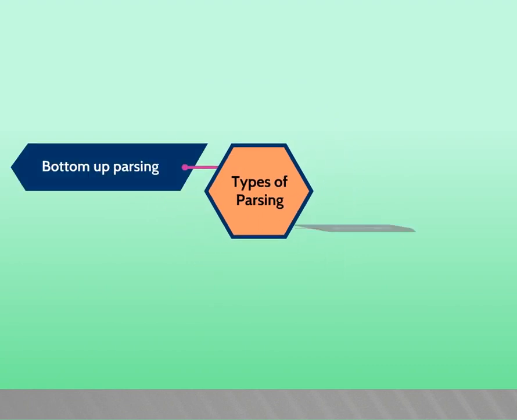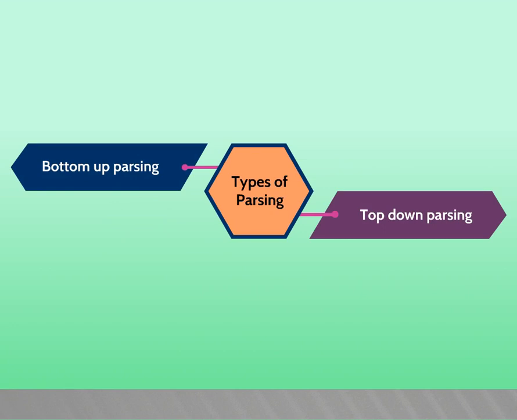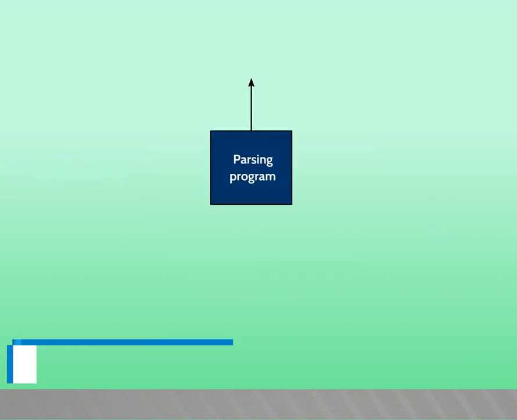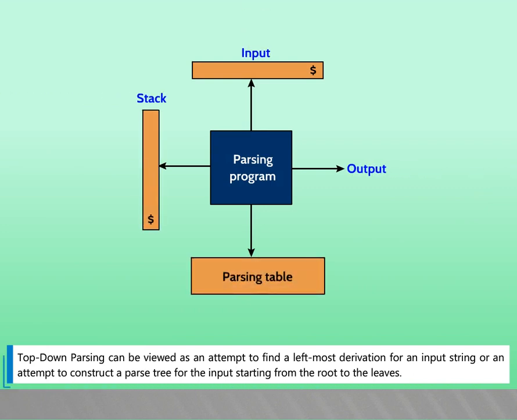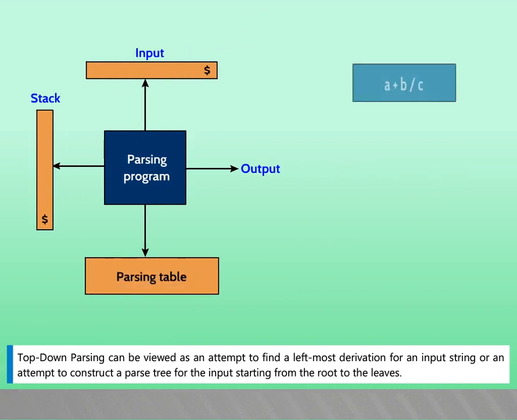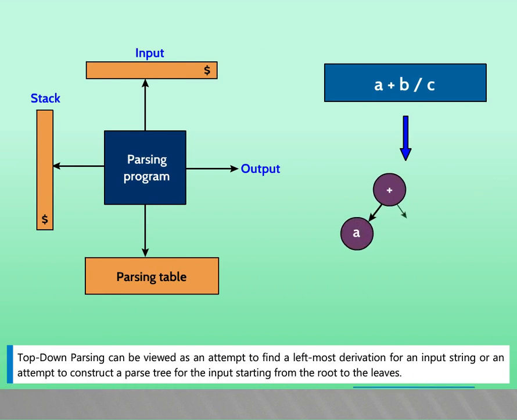Bottom-up parsing, top-down parsing. Top-down parsing can be viewed as an attempt to find a leftmost derivation for an input string or an attempt to construct a parse tree for the input starting from the root to the leaves.